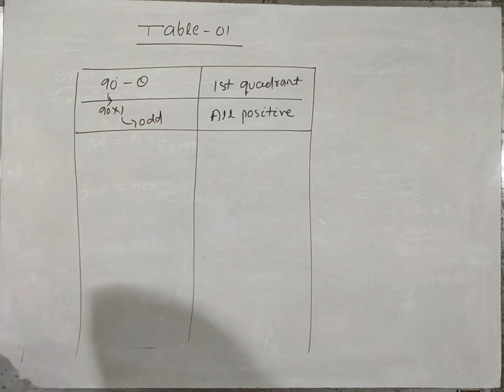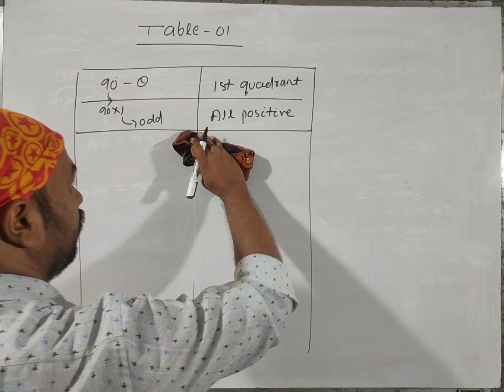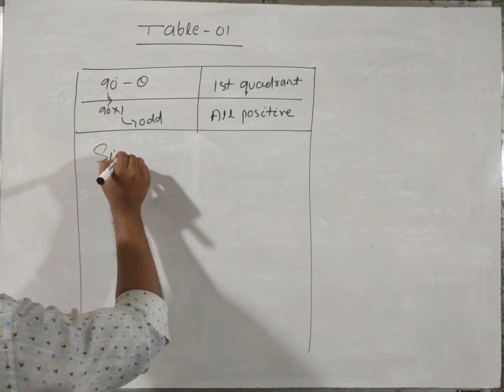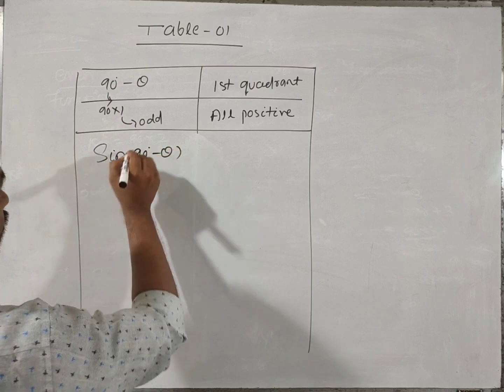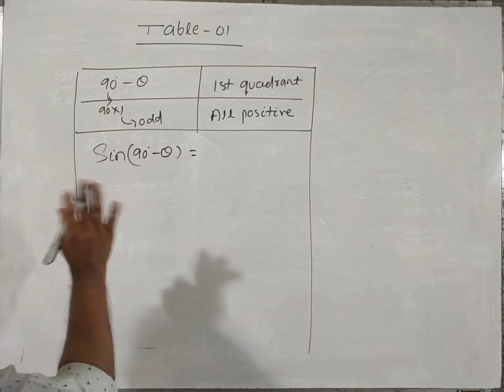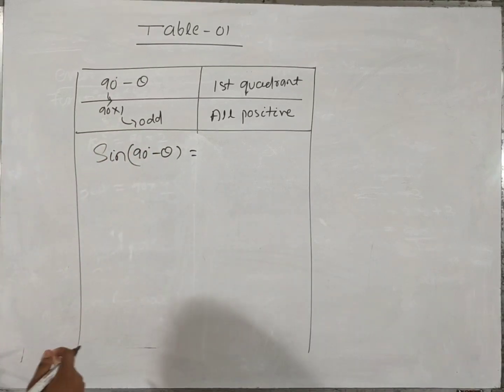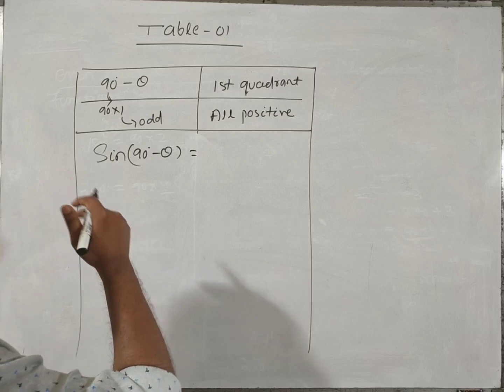So first of all, sin 90 degree minus theta. As it is odd, rule number 1 will be applied, and rule number 1 tells that the trigonometric functions are changed.